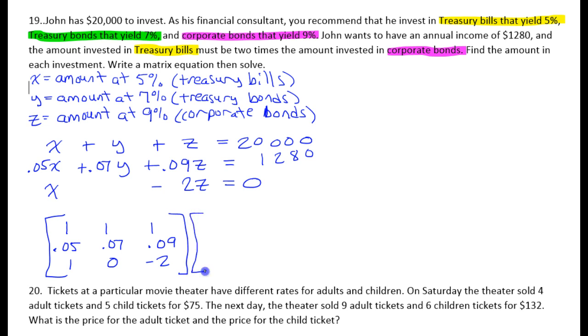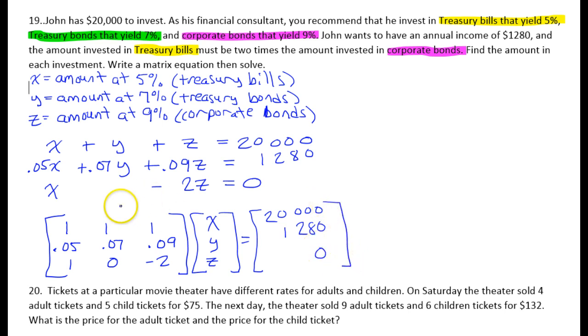Alright, the variable matrix will be x, y, and z. And then we have the final matrix, 20,000, 1,280, and 0. I will call this matrix A, and I will call this matrix V, and I will call this matrix B.